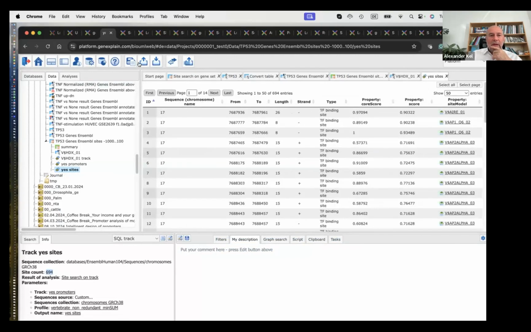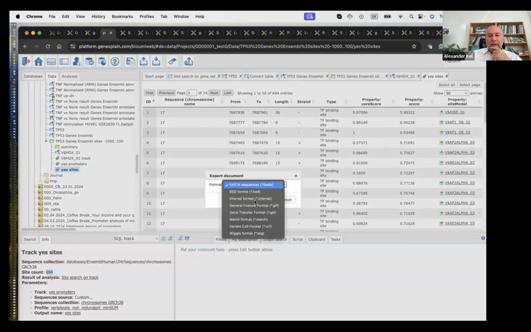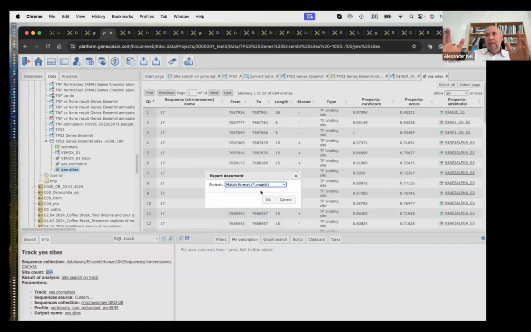If you click here on export, you can export them as a BED file, an interval file, or in the classical match format, which gives you a text format with the matrices, the position in the genome, the full score, and also the core score.